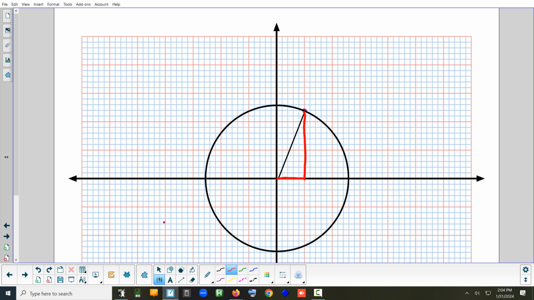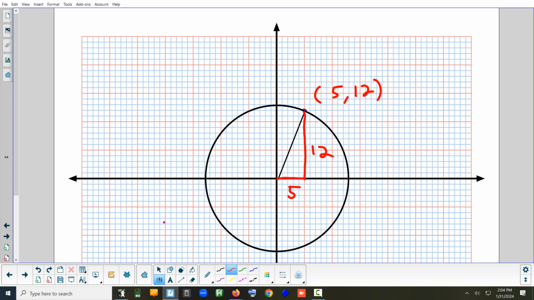What was this coordinate? 5, 12. How long is the bottom side? 5. And how about the height? 12. The radius of this circle is the hypotenuse in that triangle. If you know the two sides, how do you find the hypotenuse? Pythagorean theorem.